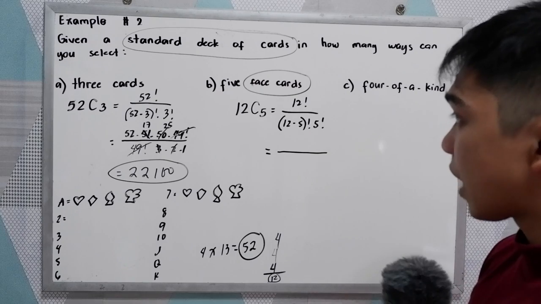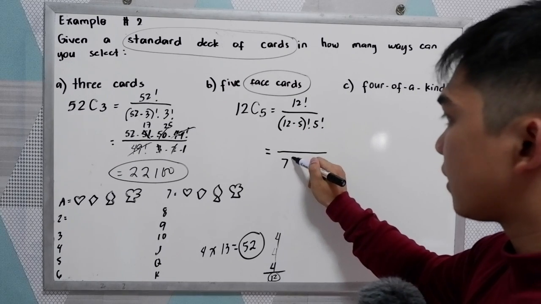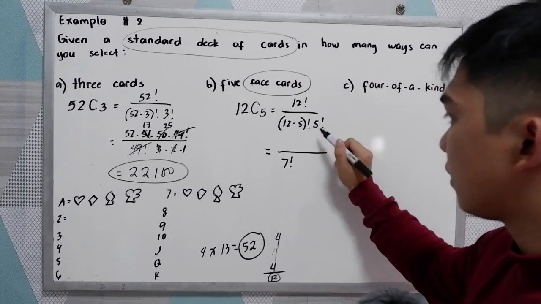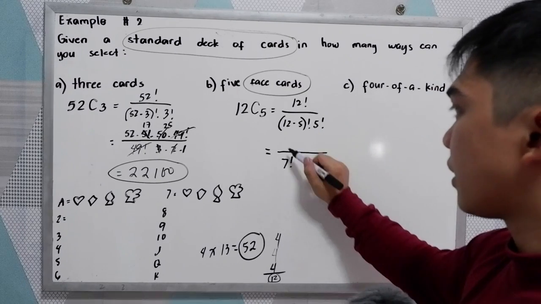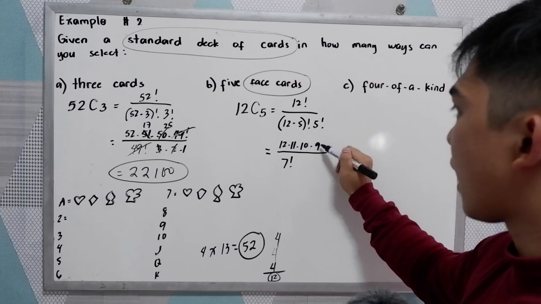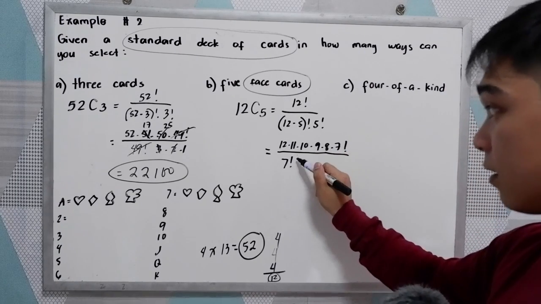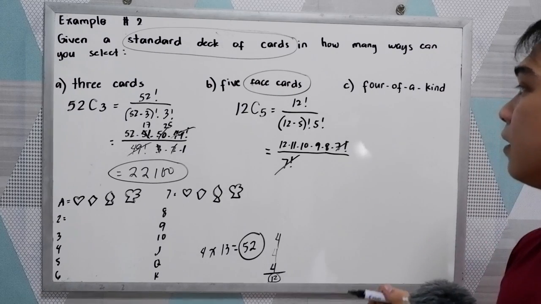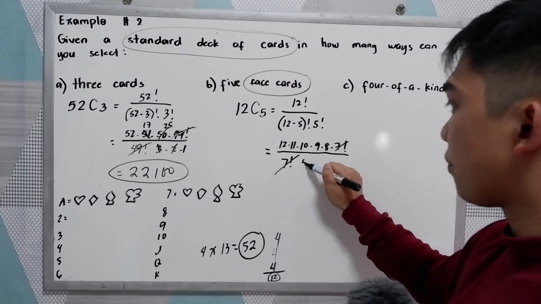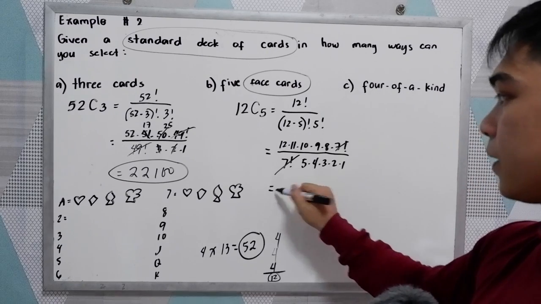Let us use our technique. 12 minus 5, that is 7, then copy factorial. Then our numerator, that is 12 times 11 times 10 times 9 times 8 times 7. Stop at 7 factorial, so we can cancel that. Now 5 factorial is equal to 5 times 4 times 3 times 2 times 1.